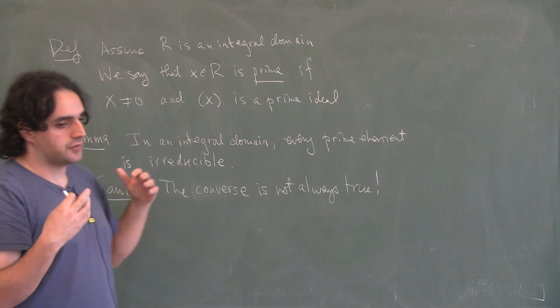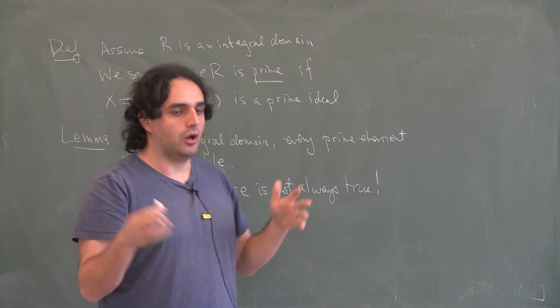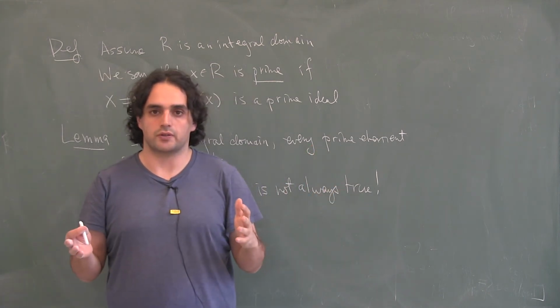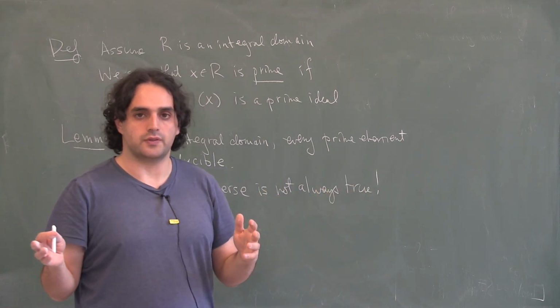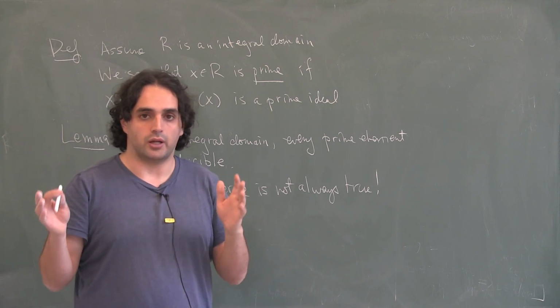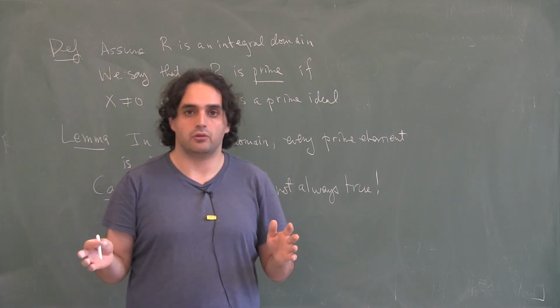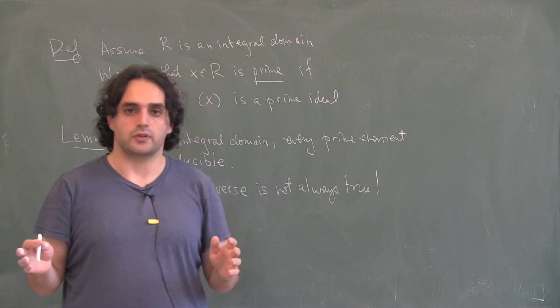Okay? And so both of these questions are pushing us in the direction of singling out a special class of rings in which we have equivalences for both of these statements. And this will be done in the next lecture by looking at Euclidean domains, principal ideal domains, and unique factorization domains.